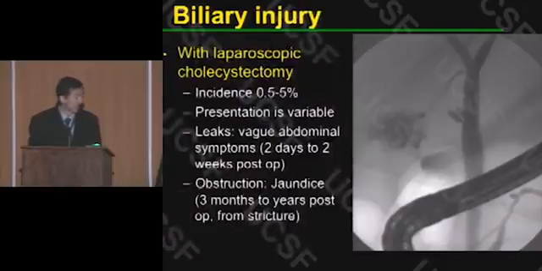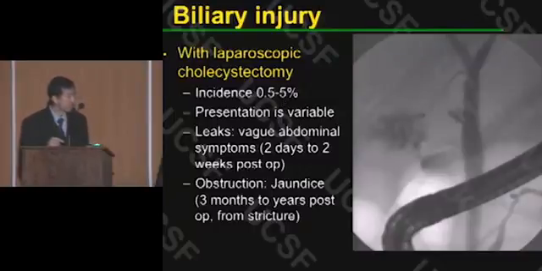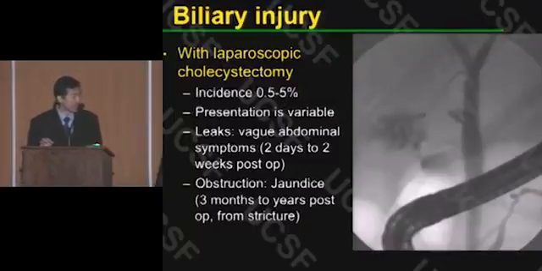It occurs in a few percent, 0.5 to 5%, regardless of the experience of the operator. The presentation is very variable, and the leaks may lead to only very, very vague abdominal symptoms, kind of a little bit of bloating or discomfort, nothing in particular that is urgent. It may take months to find the leak.